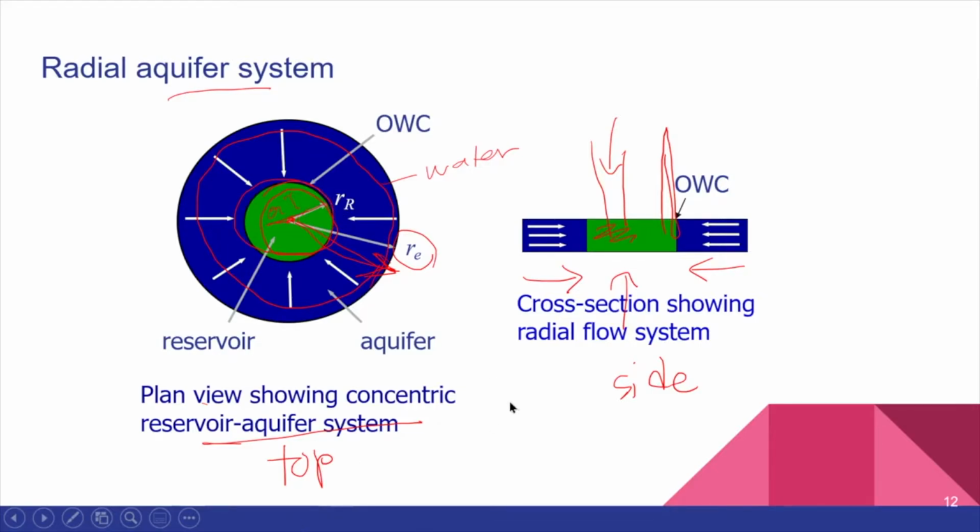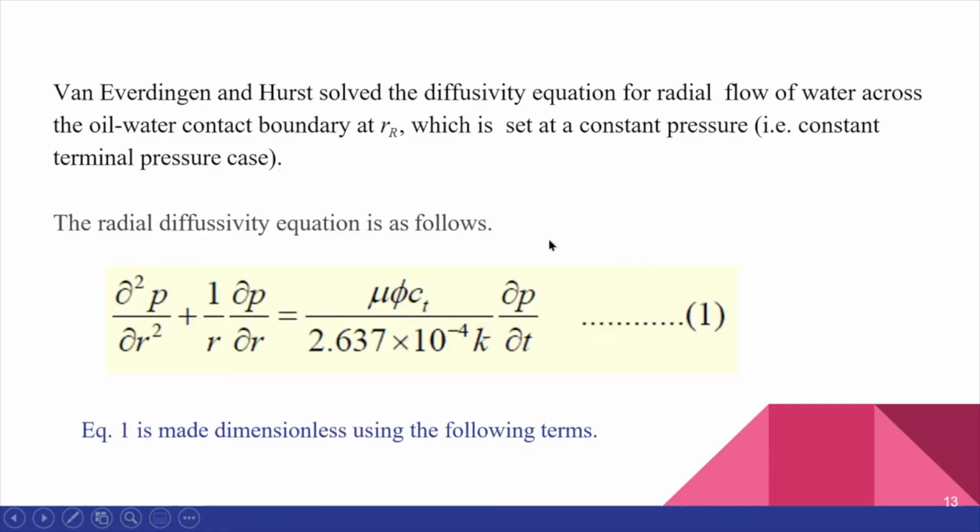And this equation is known as the diffusivity equation. So this will be at a constant pressure. And the equation is made dimensionless to make the calculation easy, so there's no unit.